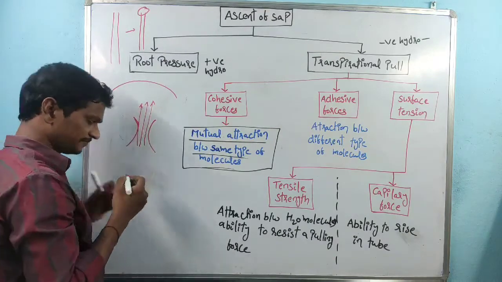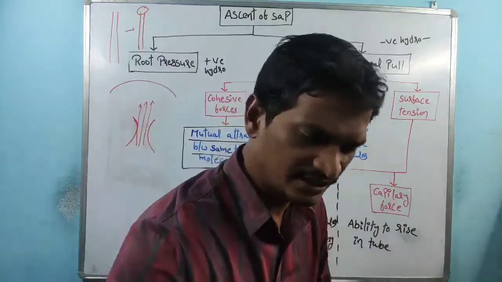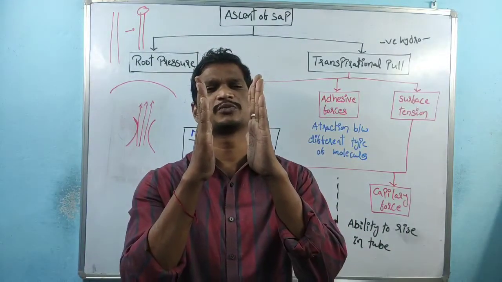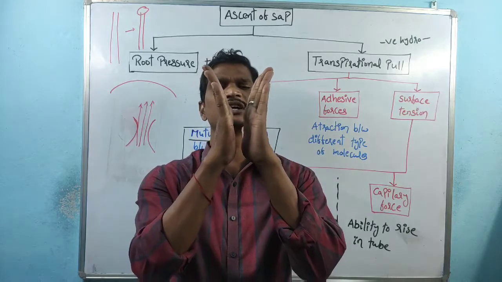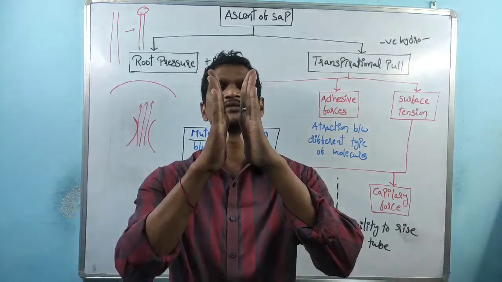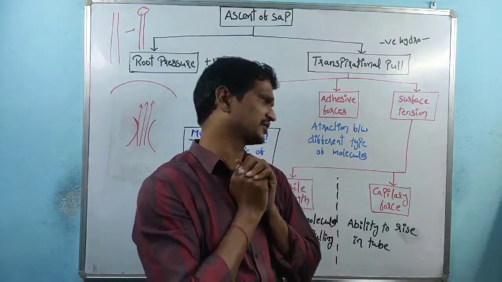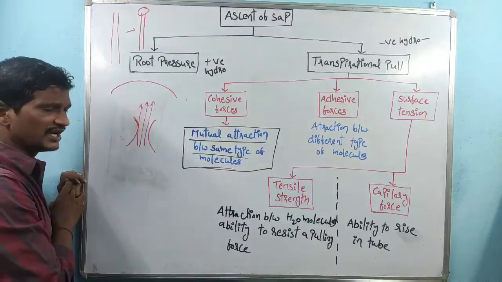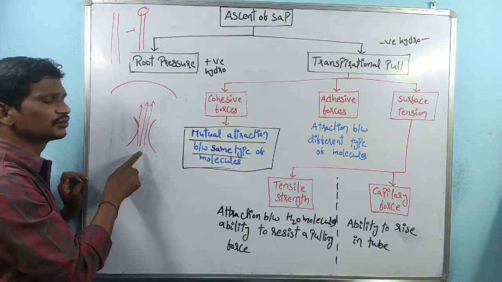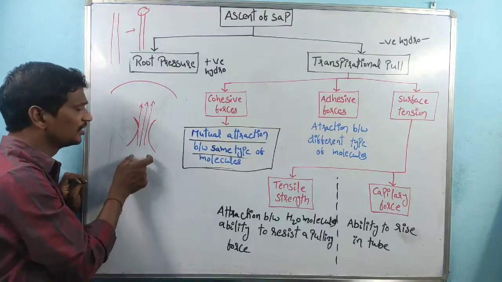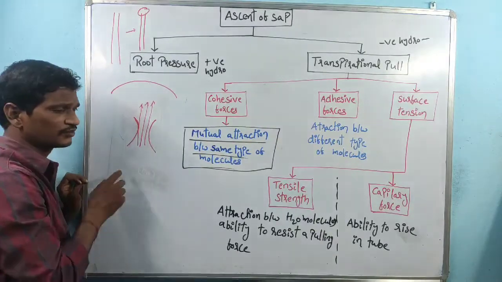Initially this is the xylem vessel structure. If the atmosphere acts on the xylem vessels, they form bent structures, because one force is acting. That force is also resisted by the water molecules.